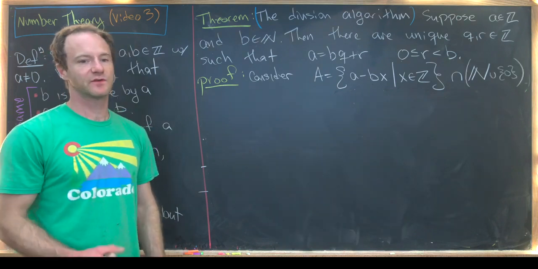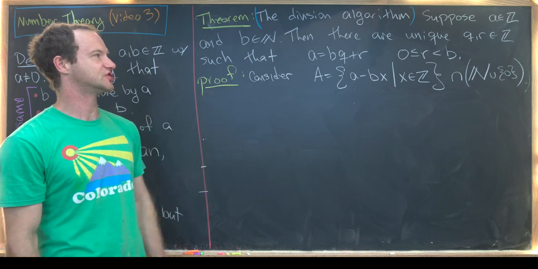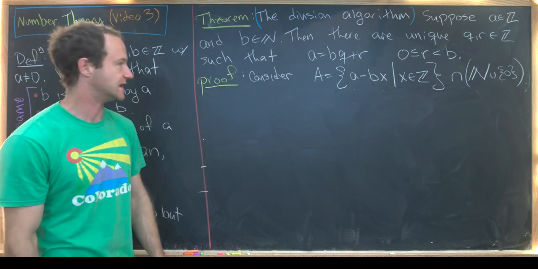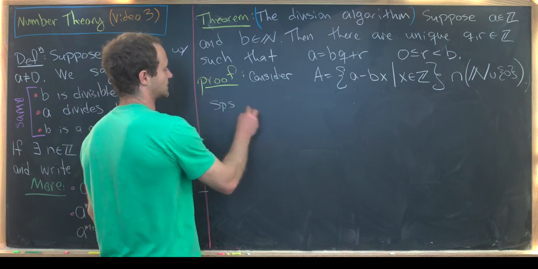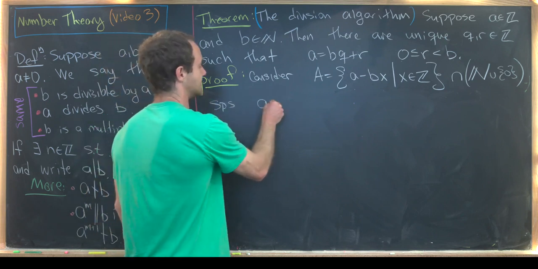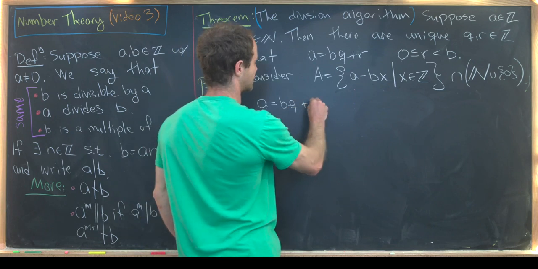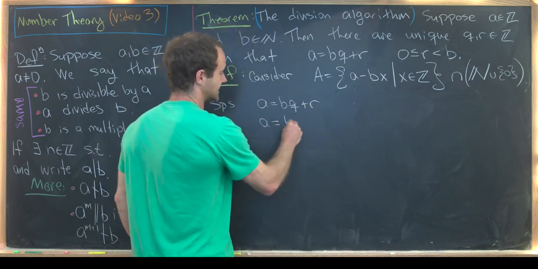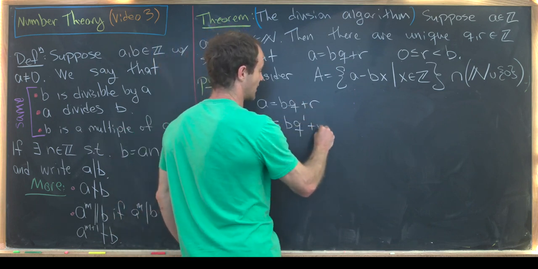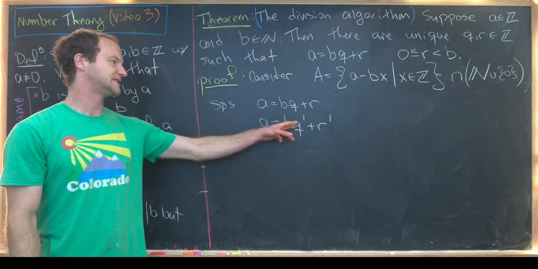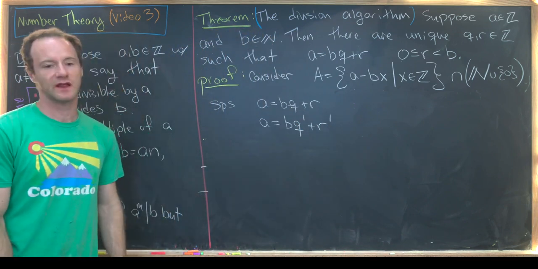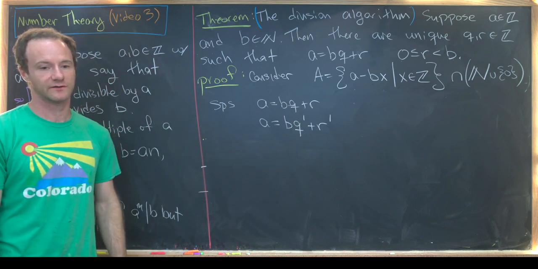Okay, all that's left to prove for this theorem is that these integers Q and R are unique. So let's suppose that we've maybe got two of them. So let's suppose that A is equal to BQ plus R, and A is equal to B times Q prime plus R prime, where potentially Q and Q prime are different and R and R prime are different.